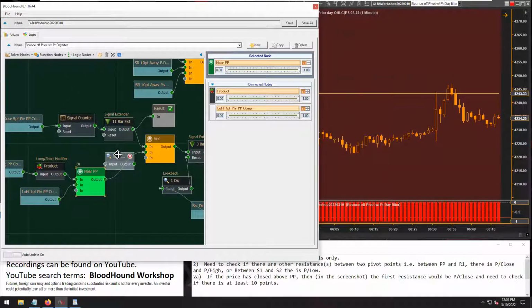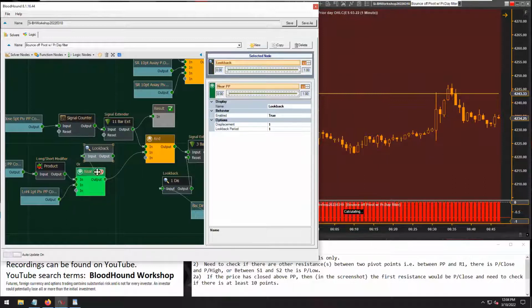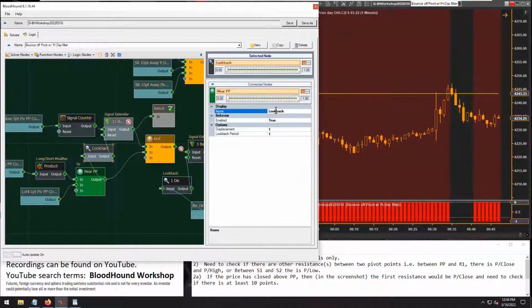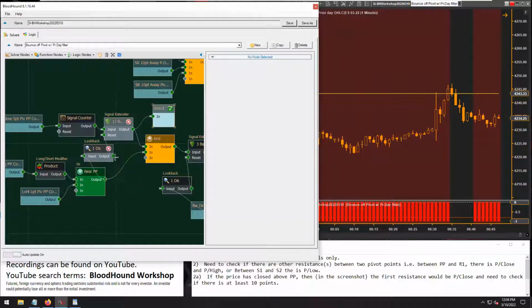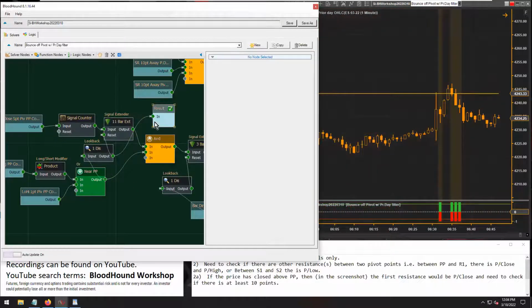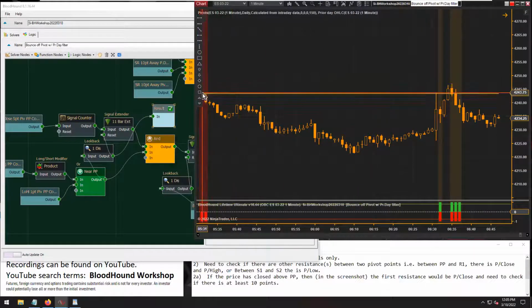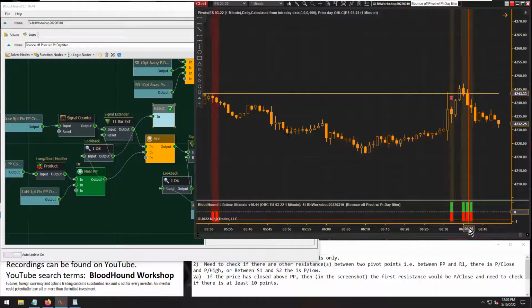So let's grab a look back, connect that in, and connect that into the reset. And so we're doing a 1 bar displacement or a 1 bar delay. And there, so that's our reset signal, our first one there.